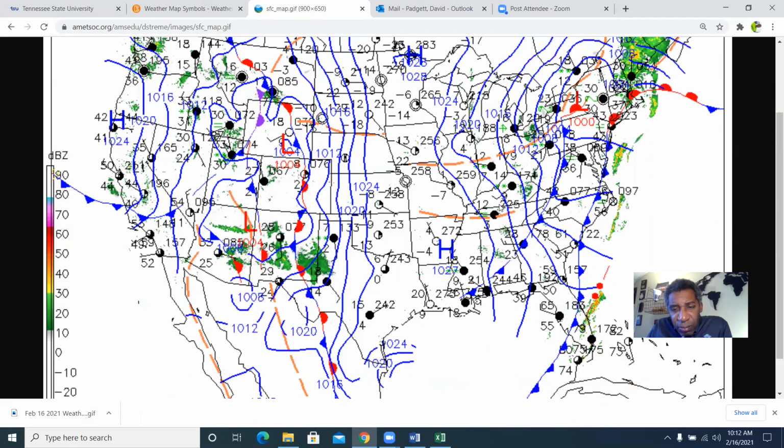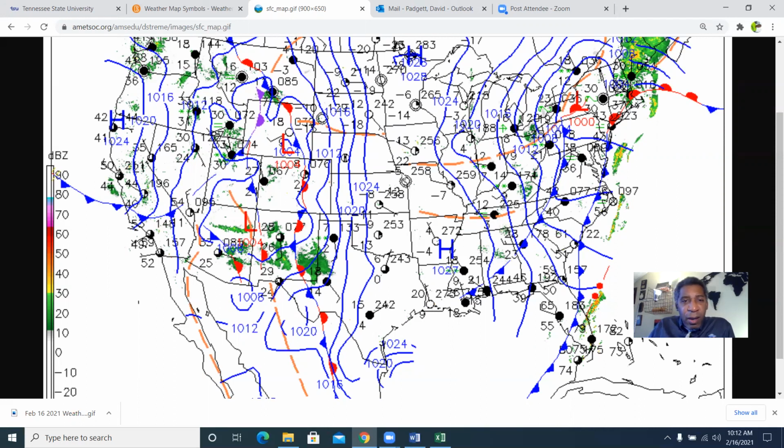The barometric pressure says 225 there, so it's 1,022.5 millibars. The wind is coming out of the west, almost due west, and we have 100% cloud cover.